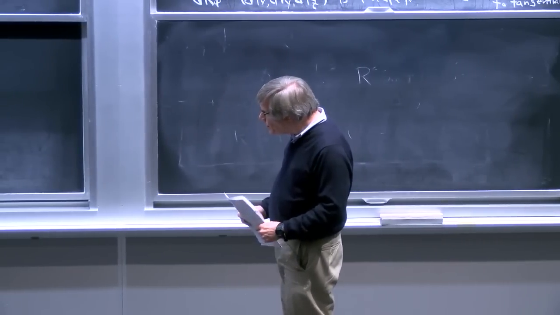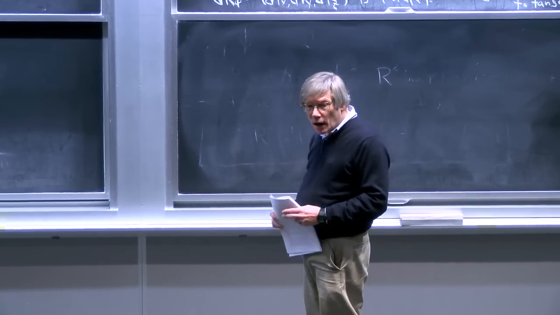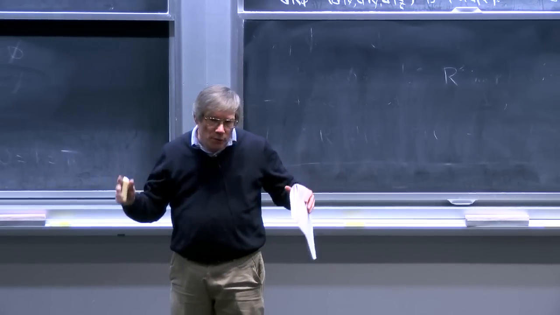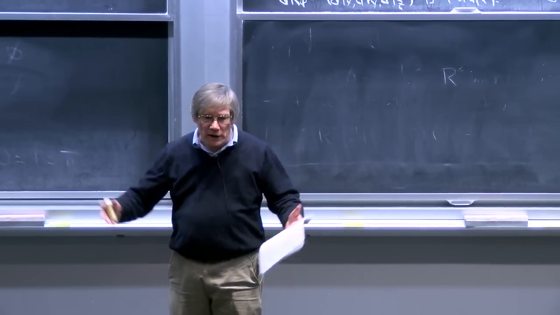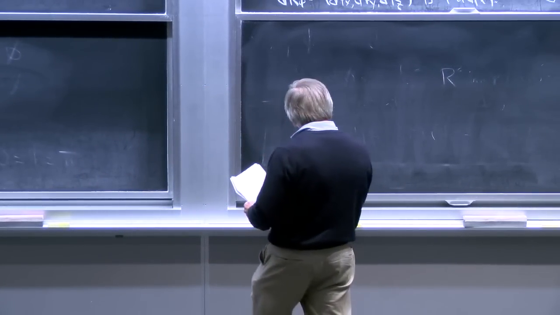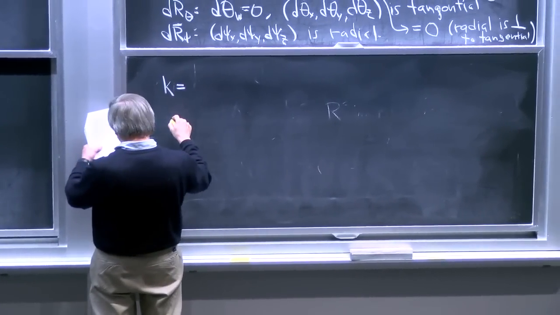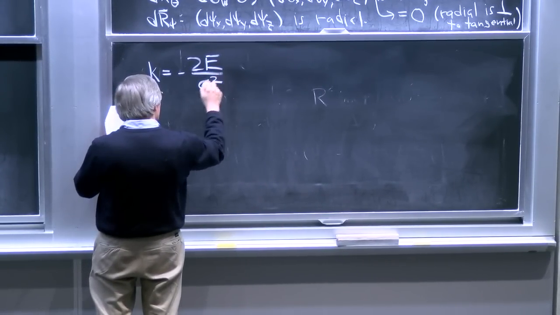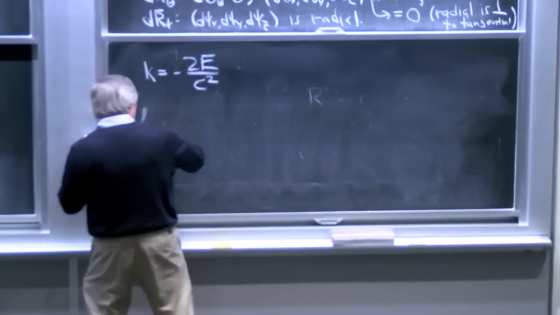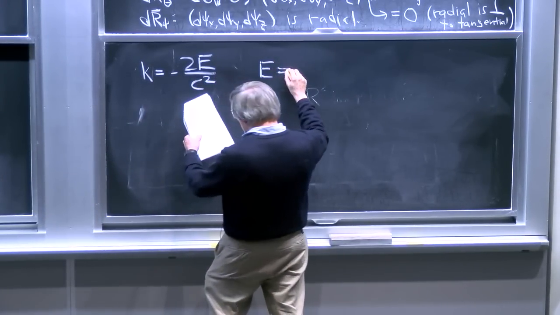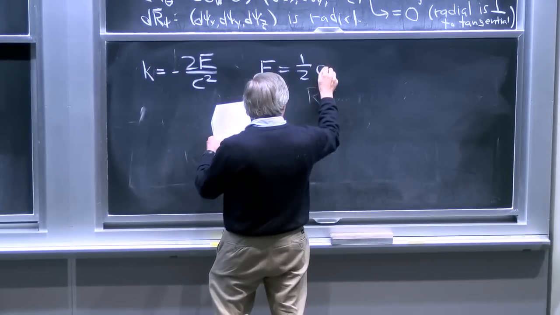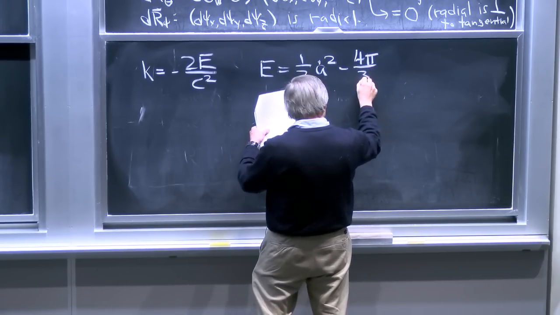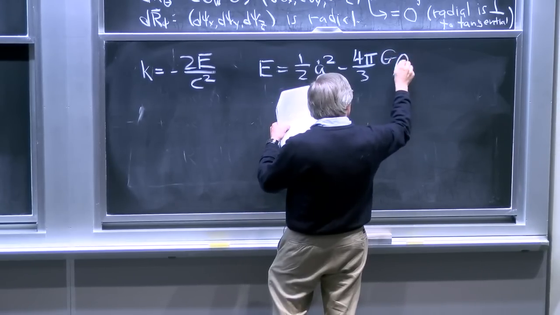Now, it may be useful at this point to remind ourselves what little k meant in the first place. We introduced little k in the context of describing a purely Newtonian model of an expanding universe, where we imagine just a finite sphere of matter expanding. And in doing that, we defined k to be equal to minus 2E divided by c squared, where E itself was not a quantity that we proved was conserved, and it's related to an energy, but as we discussed, there are various ways that you can relate it to the energies of different pieces of the system.